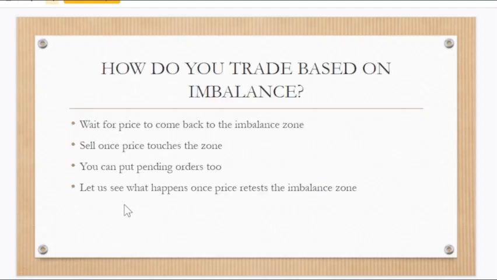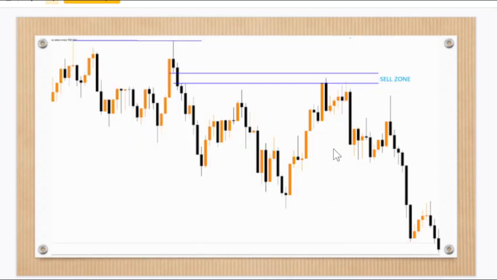Let us see what happens once price retests the imbalance zone. So this is what happened, guys. I traded, this is what happened. Like we said, the market moved like that, reached the area of the support and resistance.